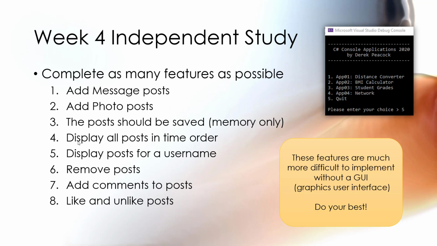Then we've done displaying them all in time order. That will happen automatically. Don't need to do much about that. But then you want other display methods where you can just look at the posts for a given username. You can also remove posts and add comments to posts and like and unlike individual posts. So those are all the features that need to be implemented to finish this application.